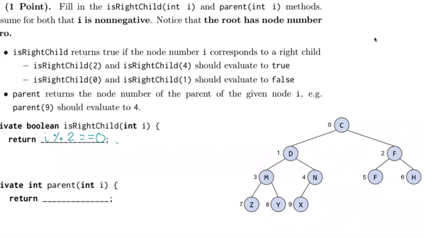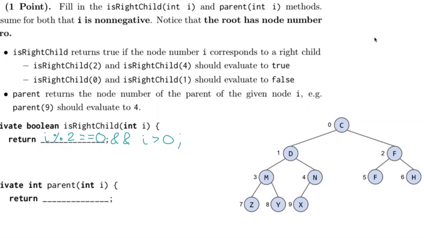And so we can add on another condition, which is that if I is less than or equal to 0, then it should also always give us false. So first we check if it's even. If it is even, we make sure that it's greater than 0. And if both of those are true, then we do have a right child.